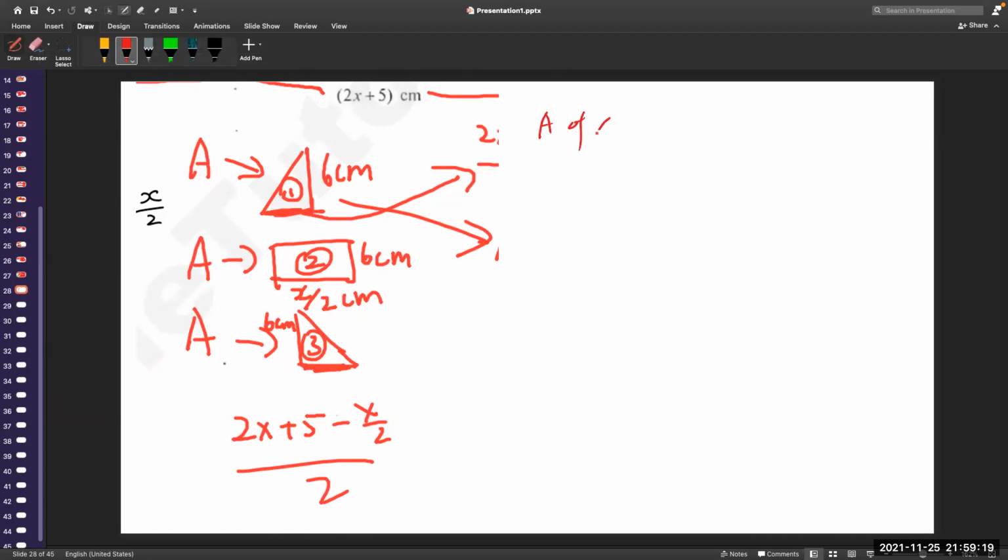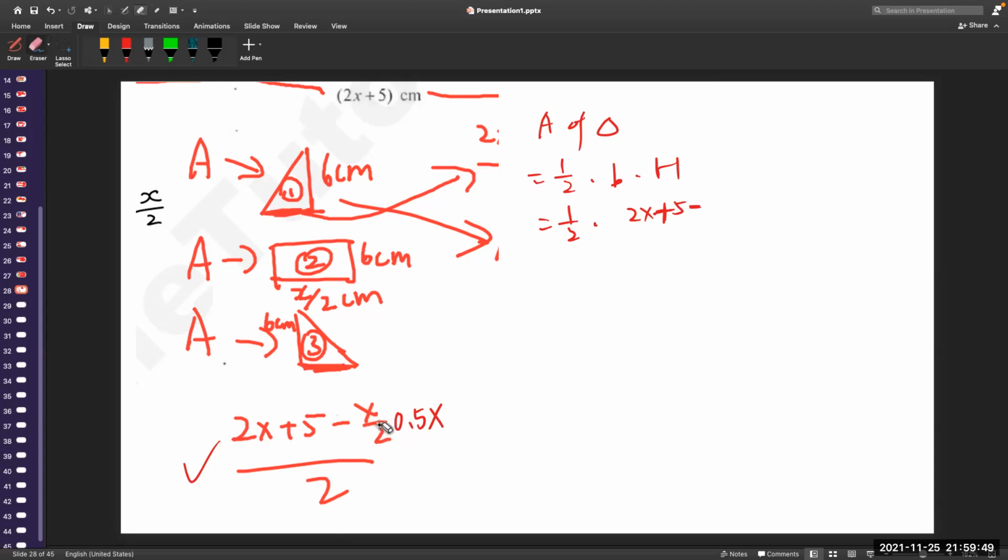Area of triangle is half times base times height. So half base is this one. This is the base. So just 2x plus 5 minus. By the way, x divided by 2, this whole thing, right? X divided by 2, you can simply change it to 0.5x. Okay? Do you know that x divided by 2 is 0.5x?